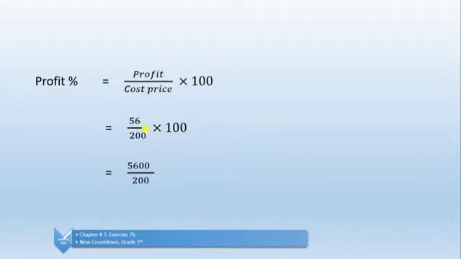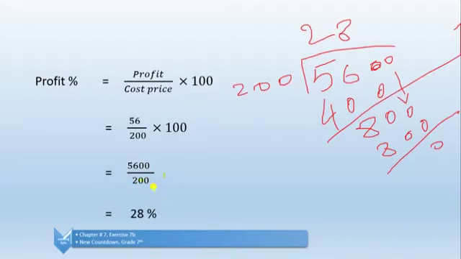After multiplying 56 with 100, we have 5,600 rupees, and now it will be divided by 200. So after dividing 5,600 by 200, we have the value 28%, which is the value of profit percentage.